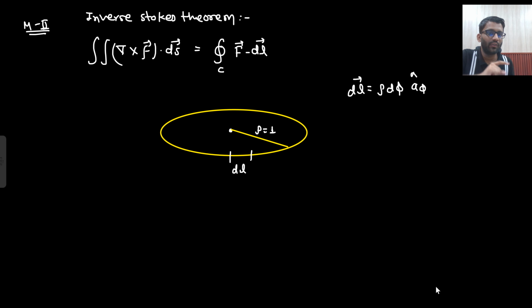And what did I tell you? Always you need to take a phi cap, like always you need to take the positive direction a phi cap, right? Now what do I need to calculate? I need to calculate f dot dl.